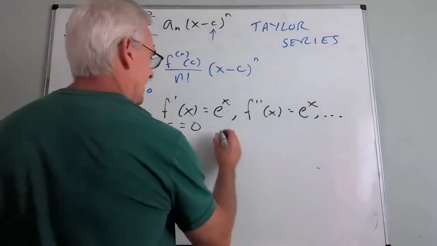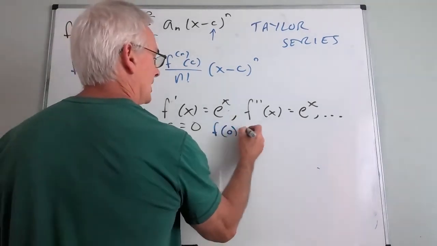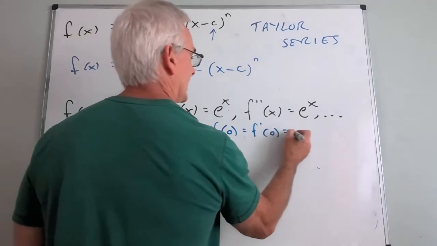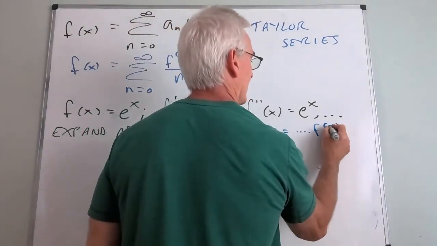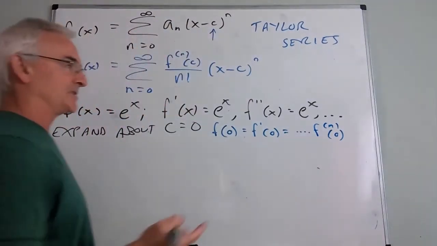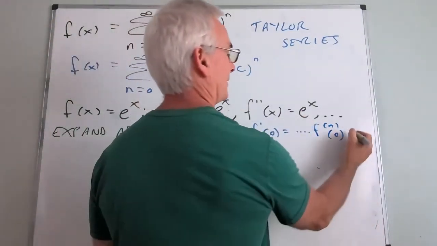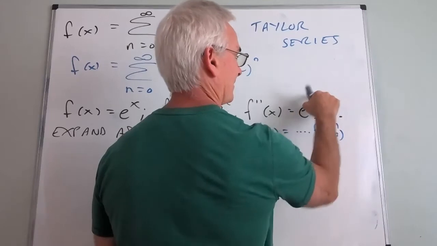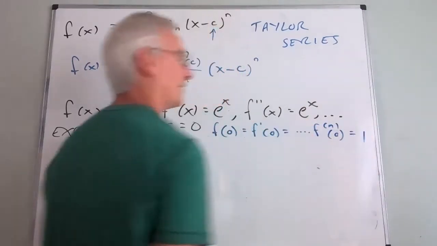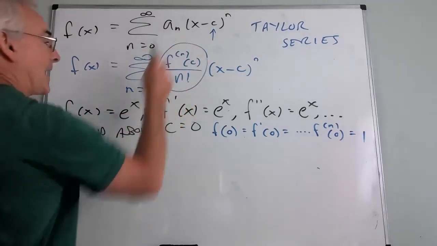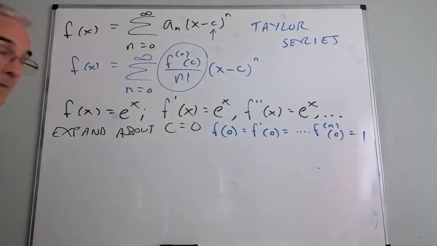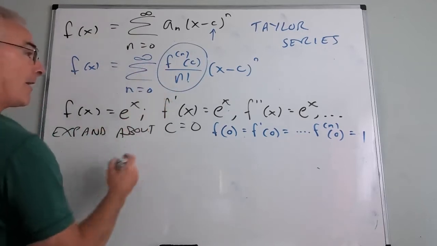So with that being said, f of 0 equals f prime of 0 equals ... equals the nth derivative. Every single, anything e-ish when I evaluate at 0 will always give me what? 1. Now, according to what we just figured out, that's a formula, that's a theorem, that's a law.